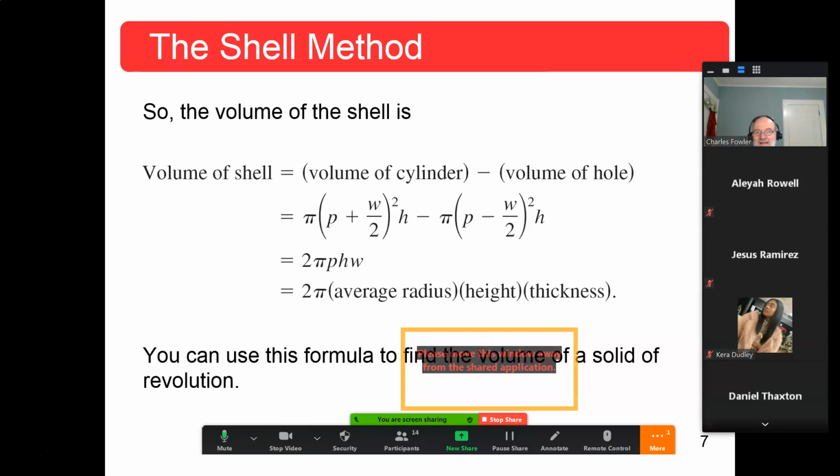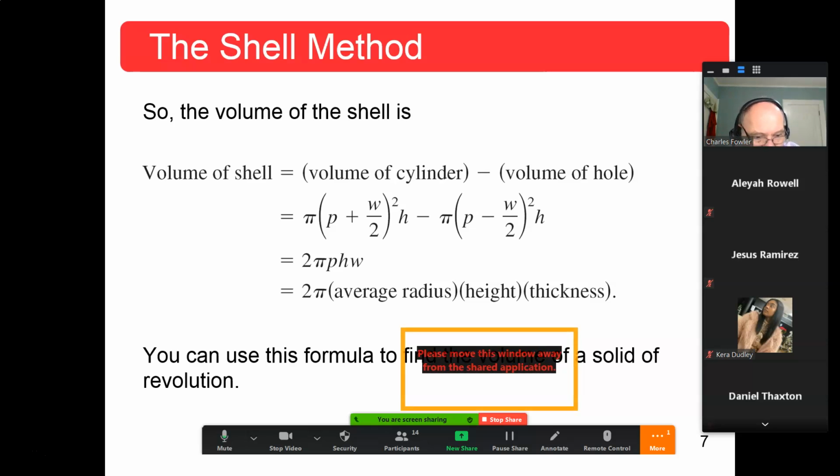If you just flatten that out and imagine the radius to be P, just P, that's what you get. 2 pi P is the circumference of that circular shell, H is the width of the circular shell, and W is the thickness of that circular shell. There you have it. It's 2 pi times the average radius times the height times the thickness. You can use that formula to find the volume of a solid of revolution.